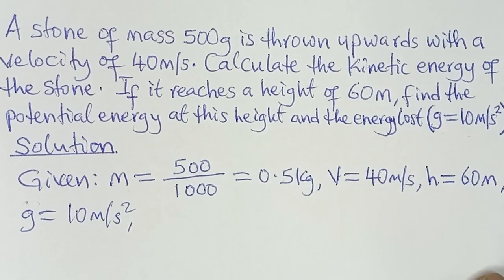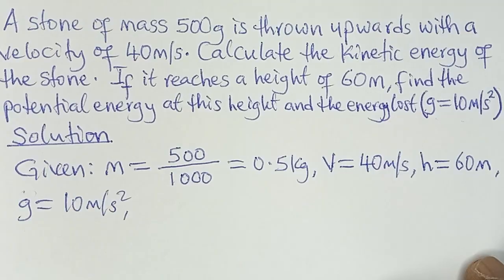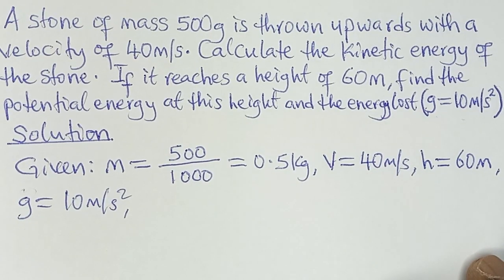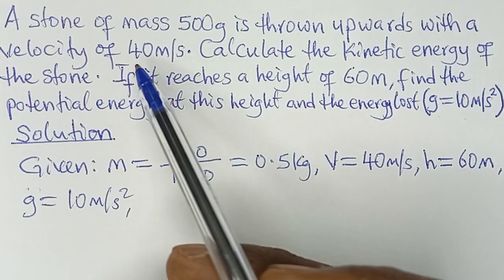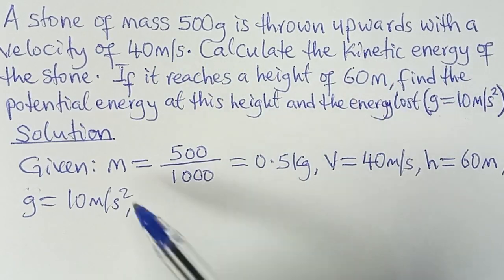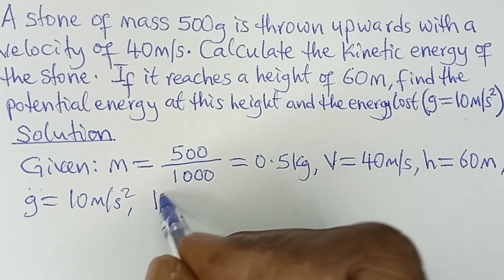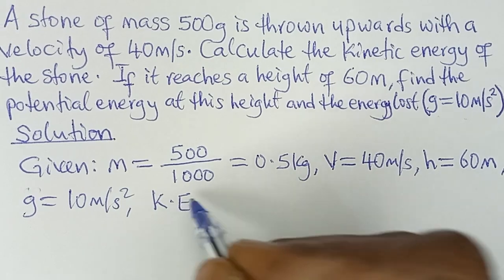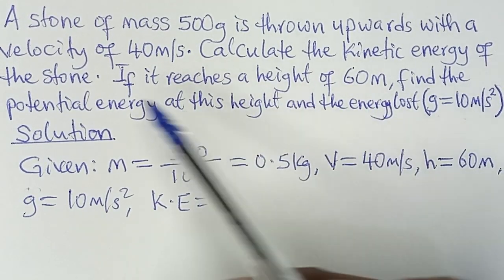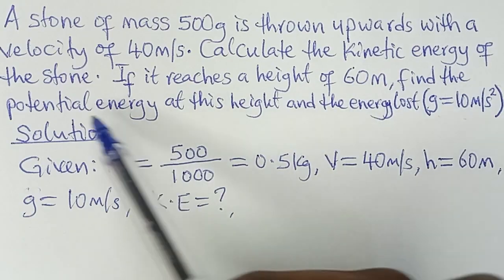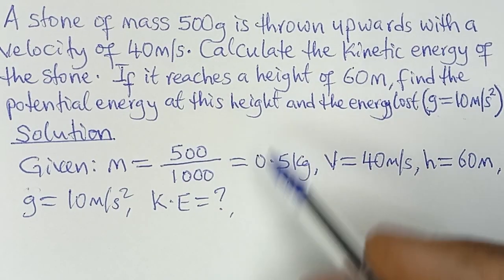Now, according to the question, we have about 3 quantities to calculate here. The first part of the question says we should calculate the kinetic energy. So I'll call it K.E. So kinetic energy, we have to calculate that. After that, we're asked to calculate the potential energy at the height.